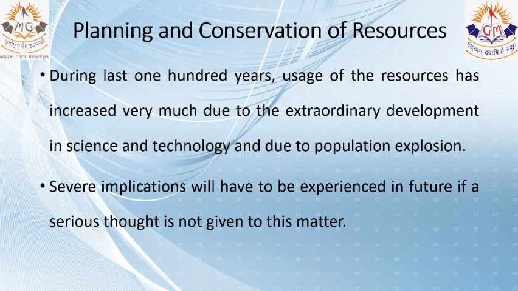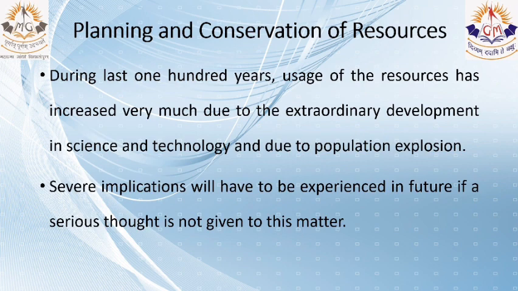So students, you can understand that resources are very, very important. Many of them, of course, can reproduce or regenerate, and that is why we can continuously have a constant flow of those resources available to us. But then there are also many resources which come under the category of exhaustible resources, and we cannot reproduce them, or they cannot be regenerated by the earth in such haste, or produced in a very short time.